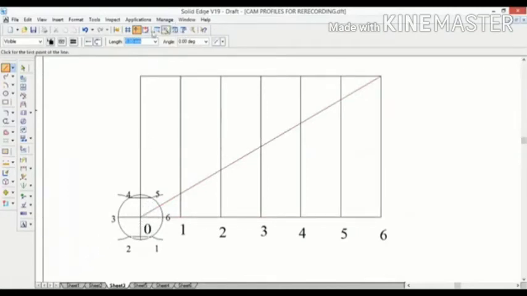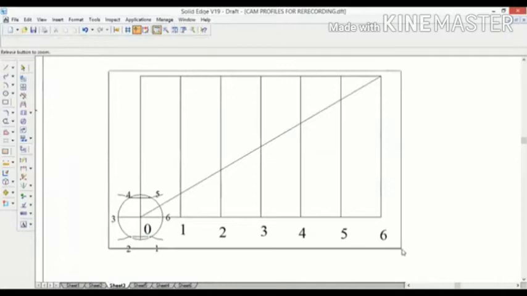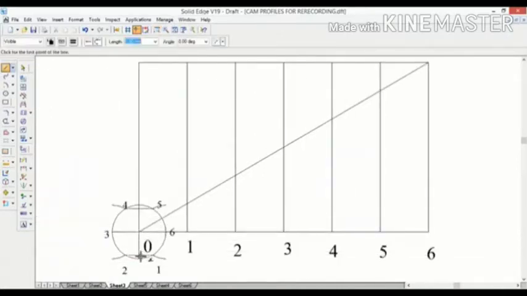Similarly, consider the midpoint of the intersection of 1 and 2. From this point, draw a line parallel to the previously drawn diagonal line, till 2, because this is with reference to 1 and 2. Similarly, take the midpoint of 4 and 5 and draw a parallel line.